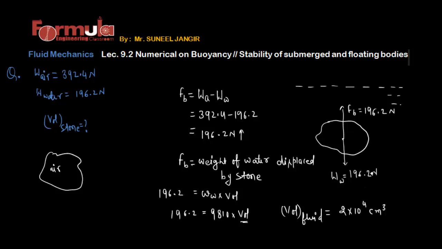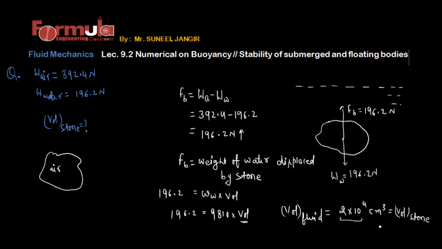As the stone is completely submerged in water, it will displace as much volume as the volume of the stone. That means the stone volume and the displaced water volume are the same, so this is also equal to the volume of the stone.